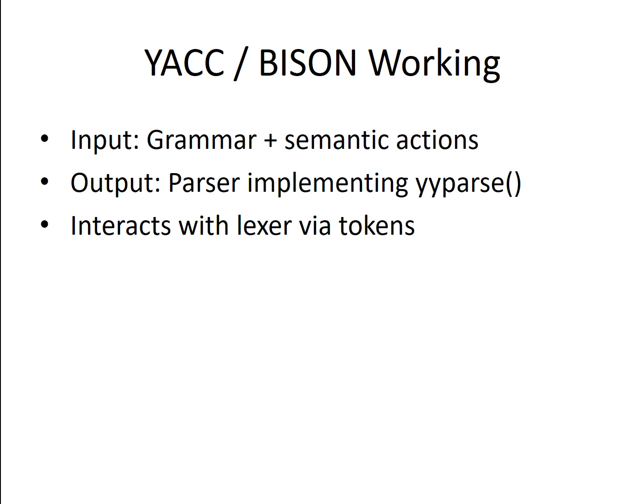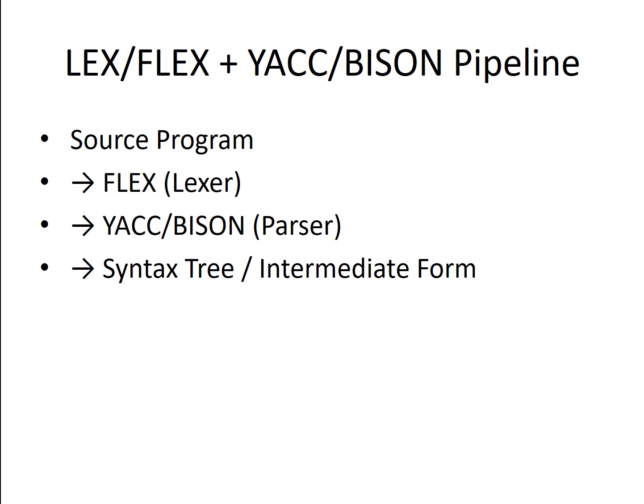What it does is that it interacts with the lexer via the tokens. That means tokens are recognized and then processed through Bison. The combination of Lex, Flex, YACC, Bison pipeline is very simple.